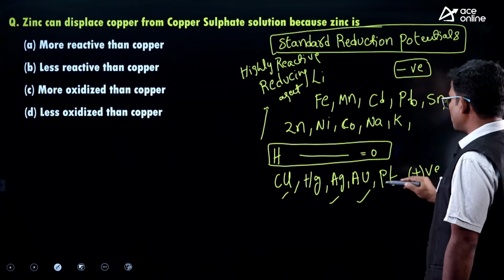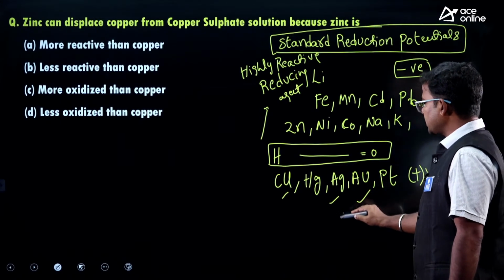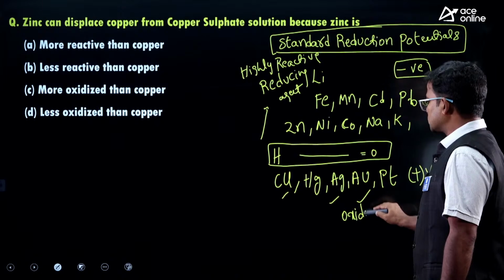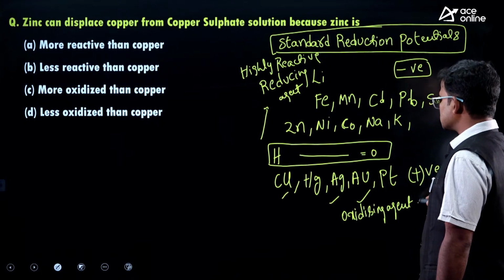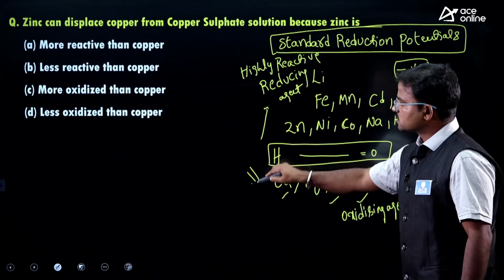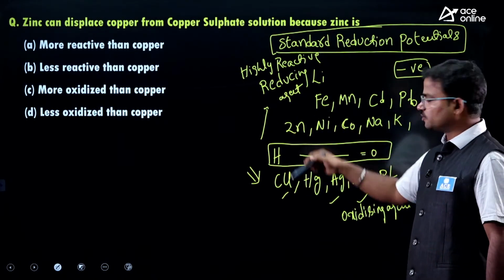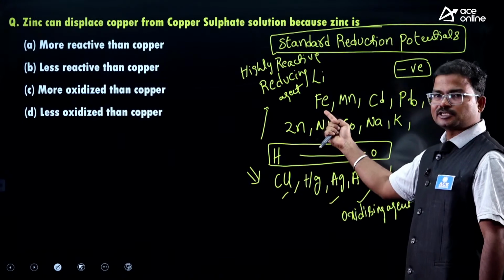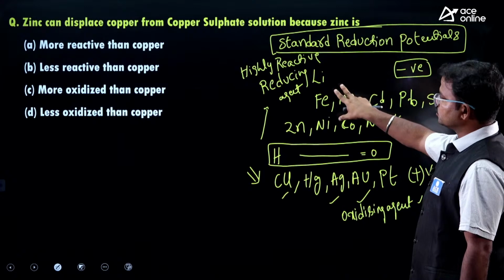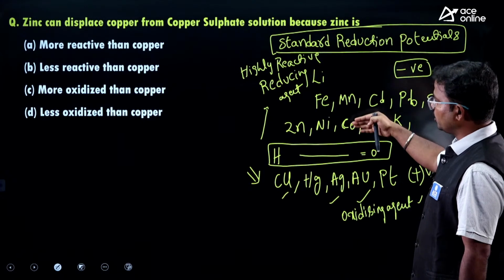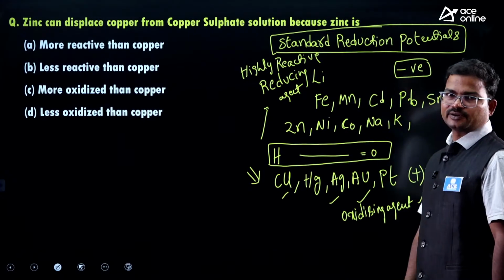Mostly these are considered as oxidizing agents. So finally the concept is these are less reactive but those are more reactive. These elements can easily be replaced by almost every reducing agent, every element which exists above the hydrogen.